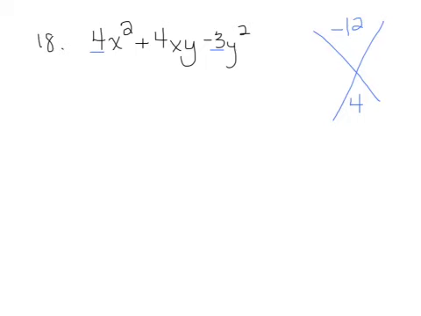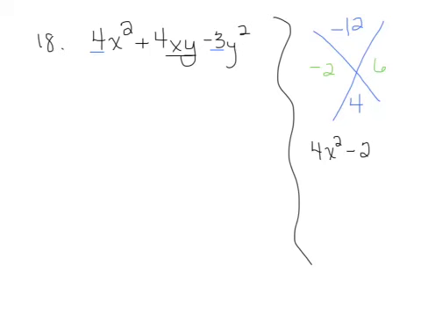So that would be negative 2 and a positive 6. And I come over here to the side and I take my 4x squared, and I notice that my middle term is 4xy, so I'm going to take minus 2xy.